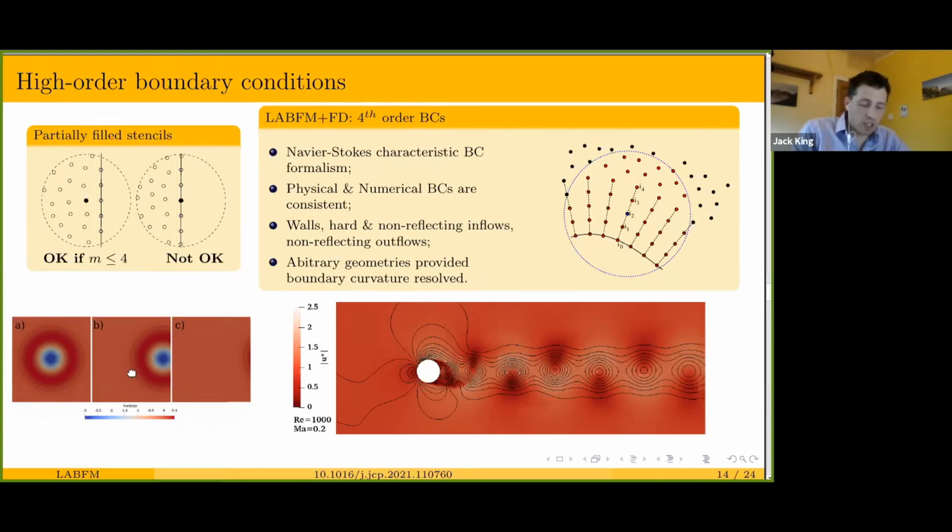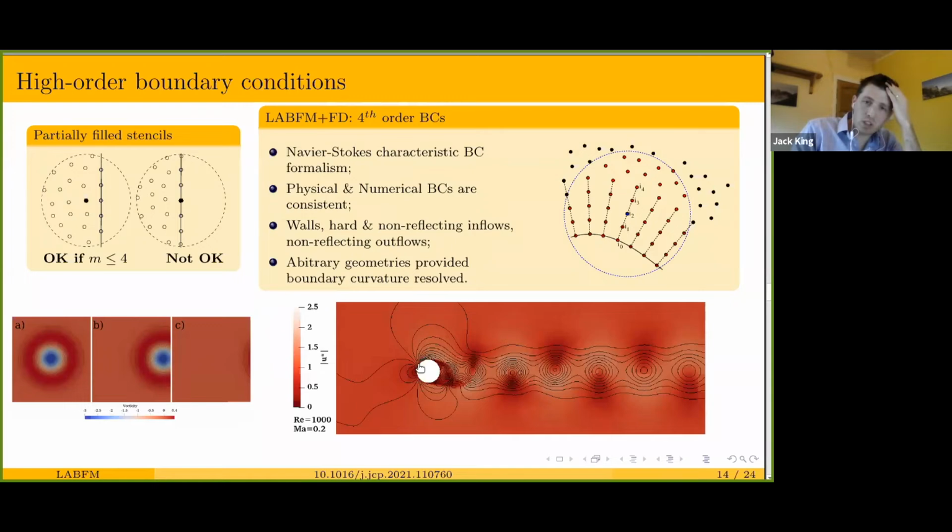On the bottom of this slide, I've got 2 examples. The first on the left is of a Lamb-Oseen vortex passing out of the domain on the right with negligible distortion to the vorticity. It's a demonstration that this boundary framework combining LABFM plus finite differences allows for very nice, accurate, non-reflecting outflows.